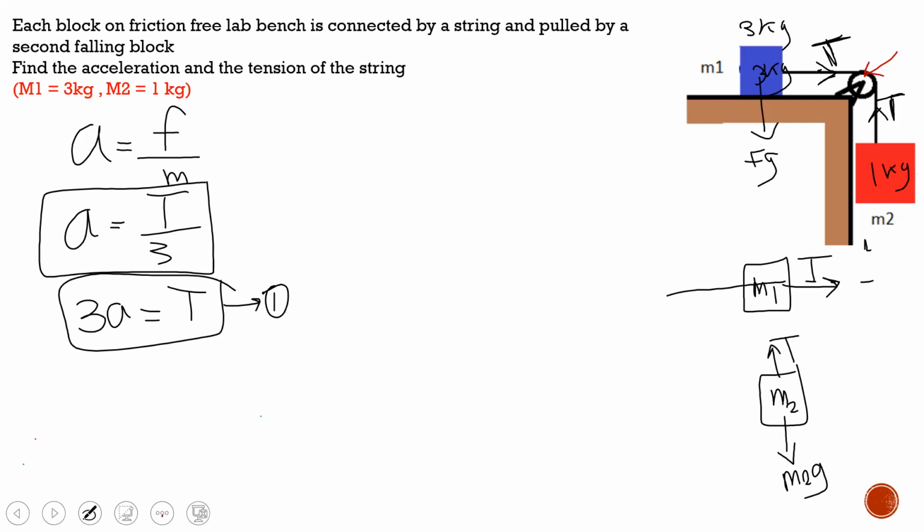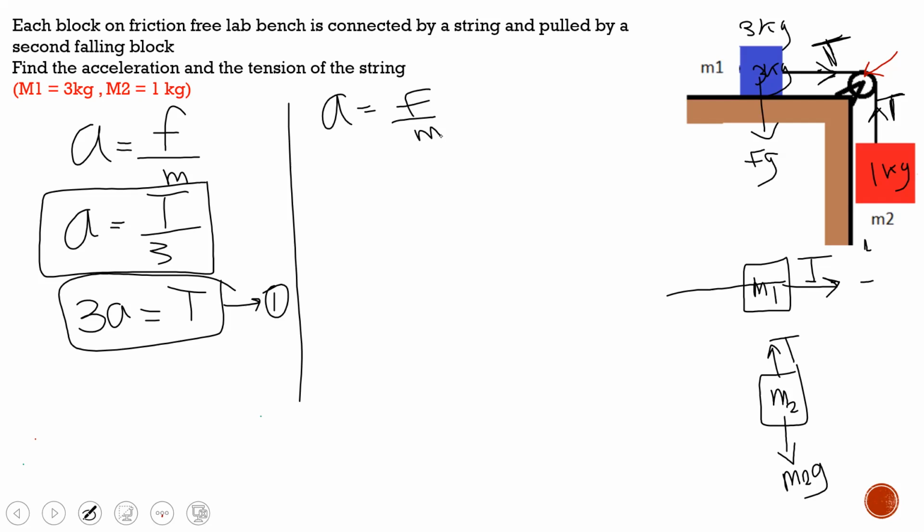Now, let's find equation number 2 for mass 2. Here also, the acceleration is the force over mass. Now look here.